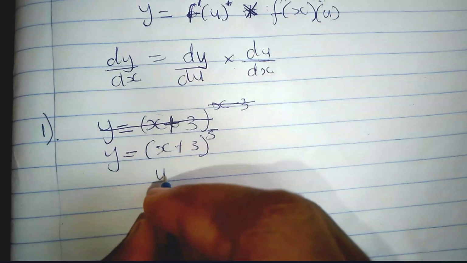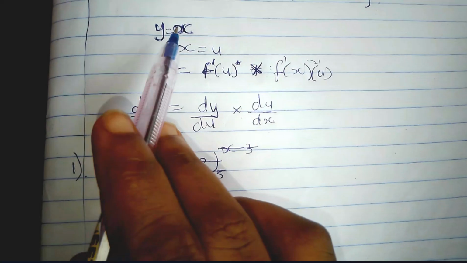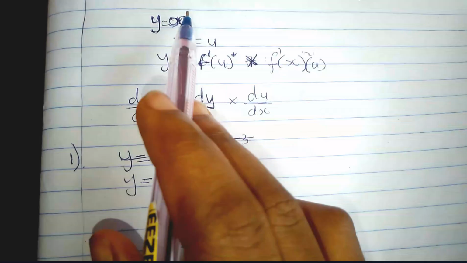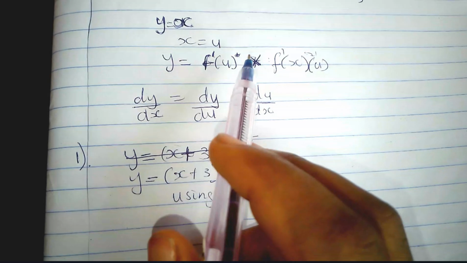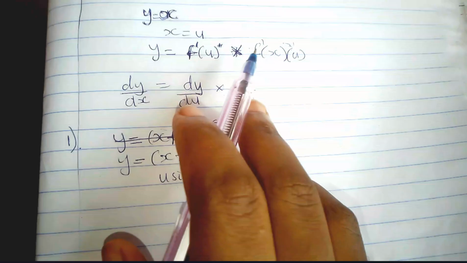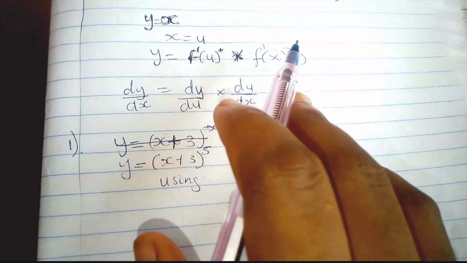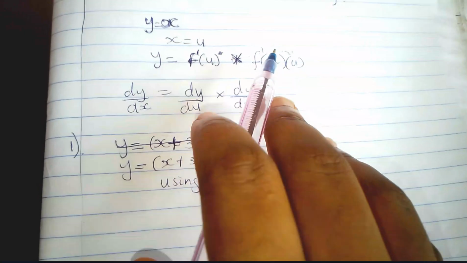So using chain rule, y is a function of u, and u is a function of x, so dy/dx is the derivative of y with respect to u multiplied by the derivative of u with respect to x.